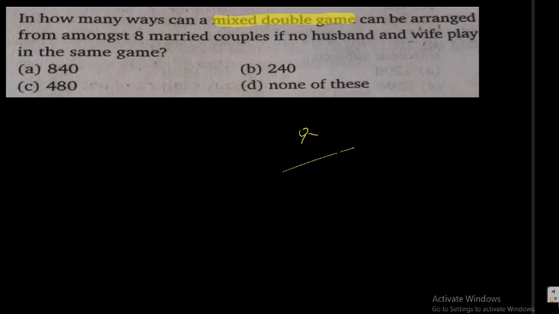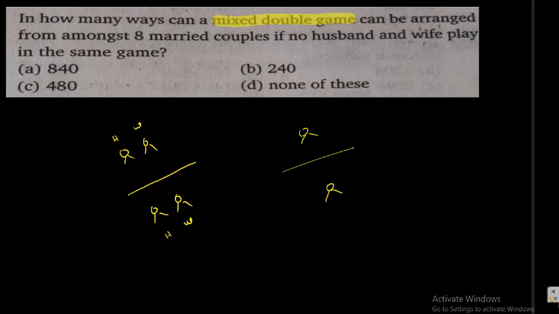Single game is here 1 person and this side also 1 person. Okay, students. In a double game, here 2 persons and here 2 persons can play the game. Sometimes these are husband and wife, husband and his own wife. In this way they can play the game.